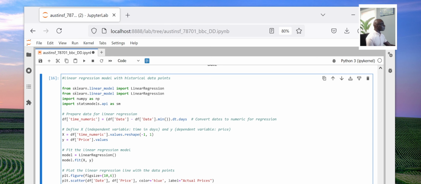What I did here was just take a look at the historical data points and fit the linear regression model on that historical data point. I wanted to make sure that as far as historical data sets, I've already demonstrated the future predictions and fit the regression line there. So now what I want to do is take a look historically at the old data set and then just fit that independent of the future predictions.